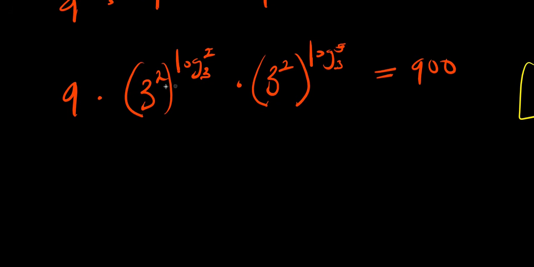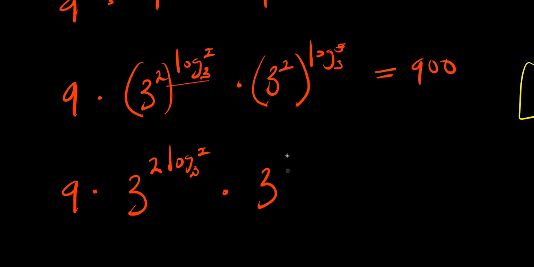We can multiply the exponent. We have 9 times 3 power 2 log 2 to the base of 3 times 3 power 2 log 5 to the base of 3 equals 900.